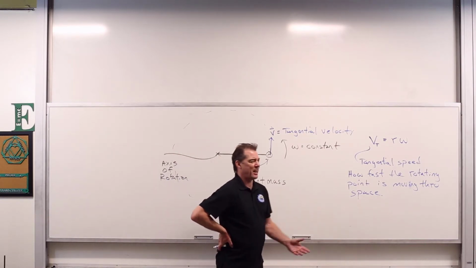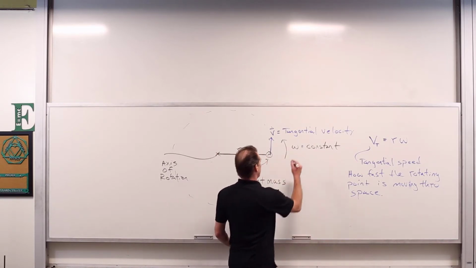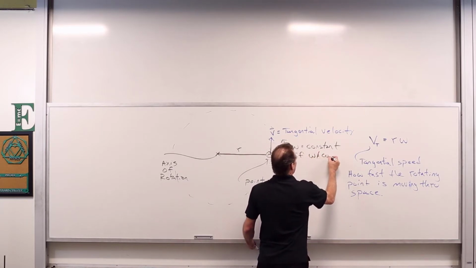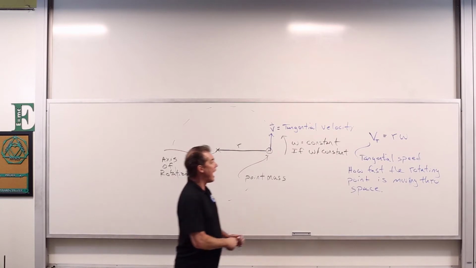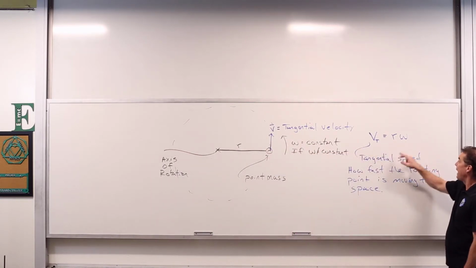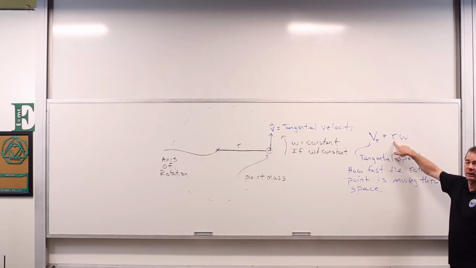But we could also talk about, well, what if this is not constant? What if omega is not constant? Well, we still have at any given moment in time that how fast the object is moving through space is determined by what its angular velocity is at that moment in time and what the radii of its curved path is.